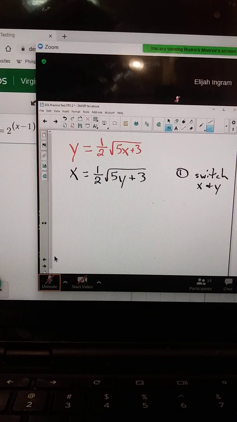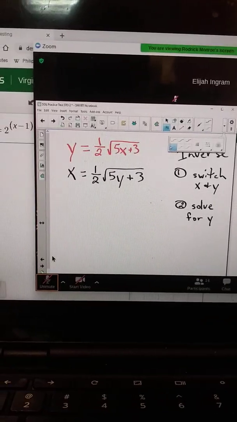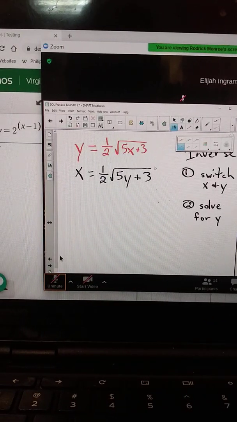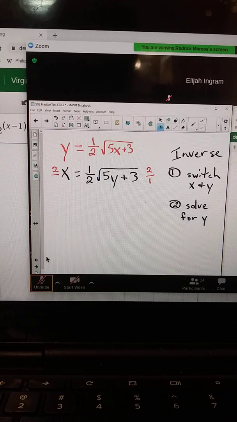Okay, second step. So really, we gonna watch TV when we should be paying attention in class? No. First thing we're gonna do is multiply both sides by the reciprocal of the fraction. So we multiply by 2 over 1 on both sides. The right hand side, they cancel each other out, leaving only the radical.